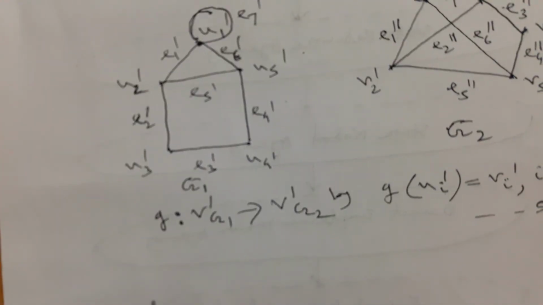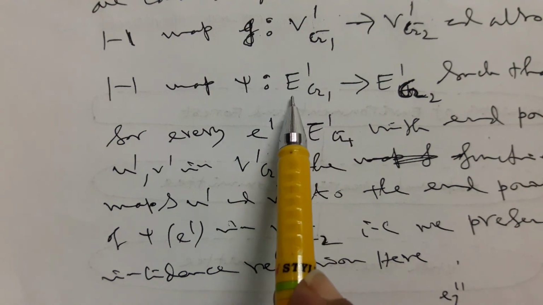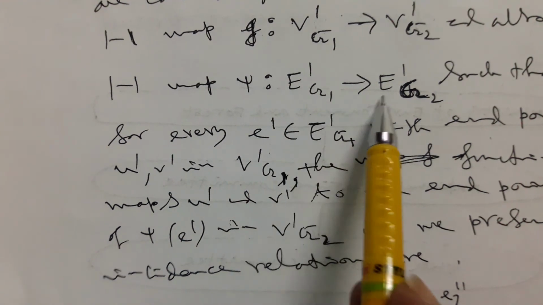Next, the edges concept, that is psi. Here we consider one map psi from E(G1') to E(G2').